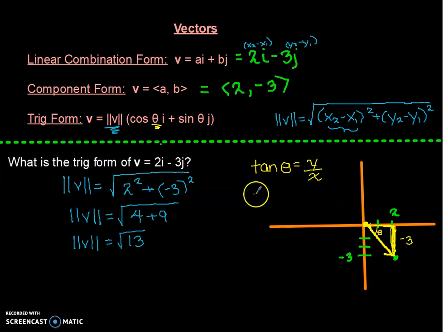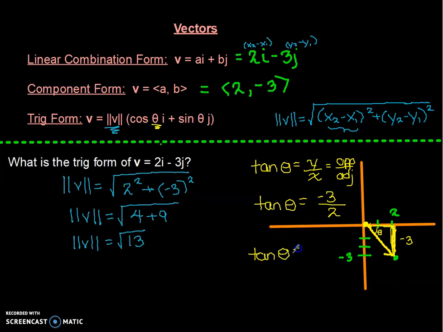So that means to find the angle of this triangle here, I am going to just take y, which is negative 3, divided by 2. Or you could say opposite over adjacent as well. So negative 3 divided by 2. Make sure that your calculator is in degrees first. You have negative 3 divided by 2, which is negative 1.5.